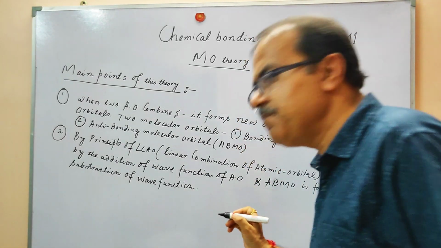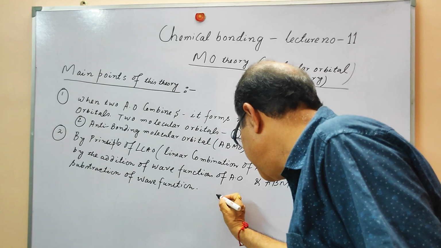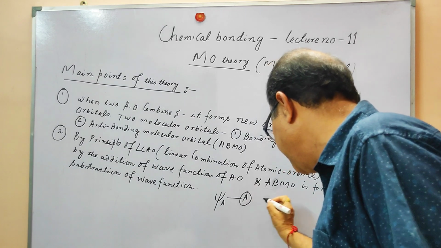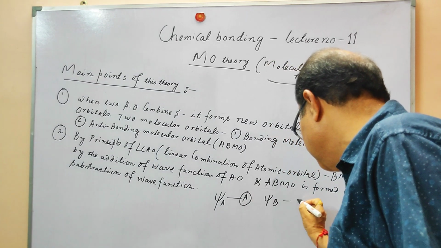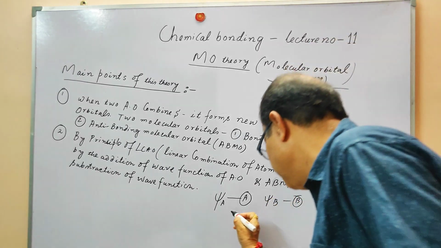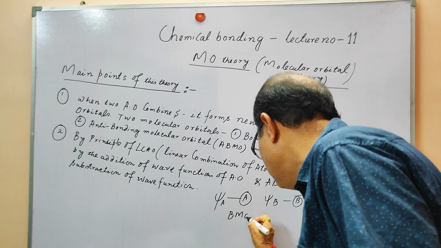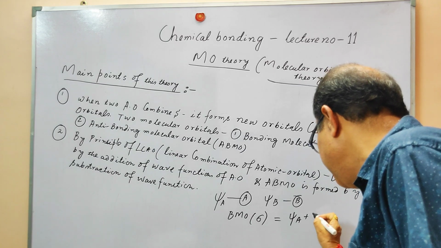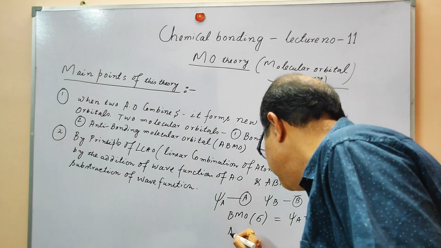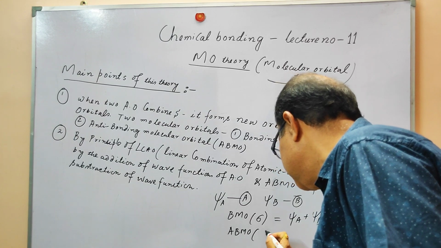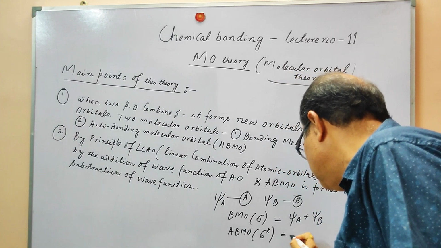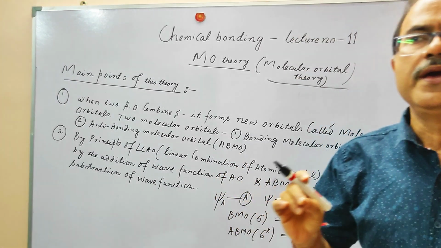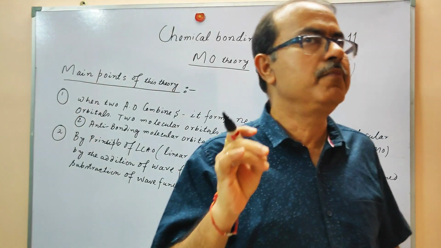Suppose there are two atoms, atom A and atom B, with wave functions phi A for atom A and phi B for atom B. At that time, the bonding molecular orbital BMO, designated as sigma, can be mathematically expressed as phi A plus phi B, and the ABMO, that is sigma star, is phi A minus phi B. So this is how atomic orbitals are combined to form molecular orbitals.